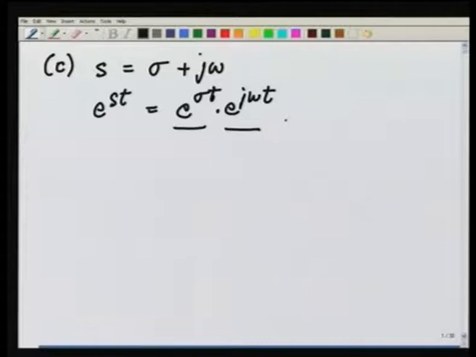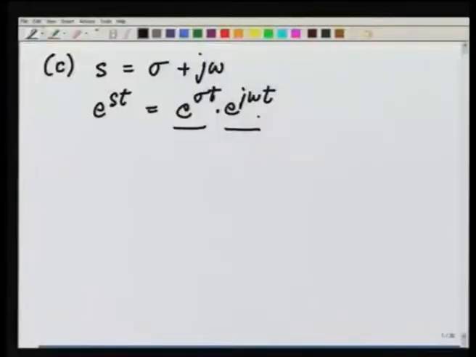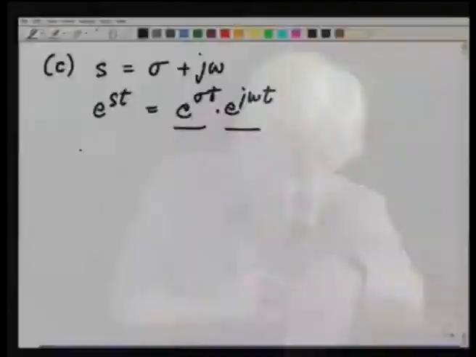We already have two kinds of curves, one for the real exponential e to the sigma t and the other for the imaginary exponential e to the j omega t. All we need to do is to multiply one curve with the other. To do this, without going into excessive detail, I will merely point out and try to sketch an example of what happens. For the case of e to the j omega t alone, we had a helical curve.